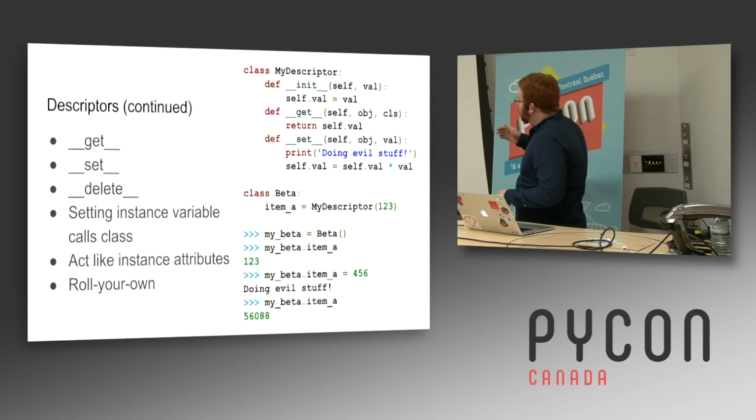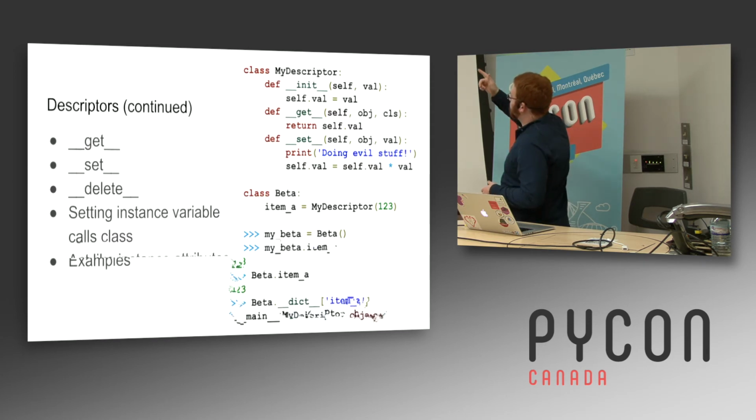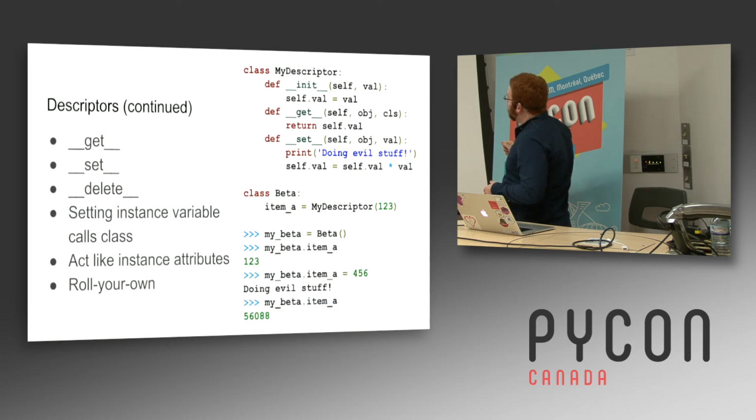So in this example here, we've got a slightly more fleshed out descriptor, which implements dunder get and dunder set. And again, under our class definition, item A is a descriptor. And so if we just get the item A, then it'll return the value like it did in the last example. But if we go to set the value of that attribute to something else, then our dunder set code is getting called.